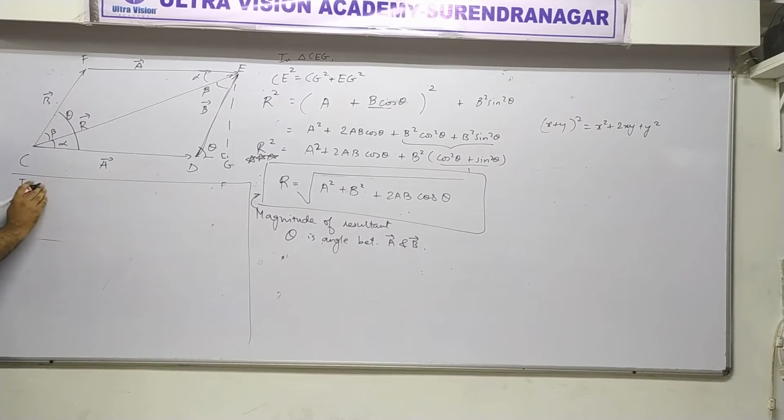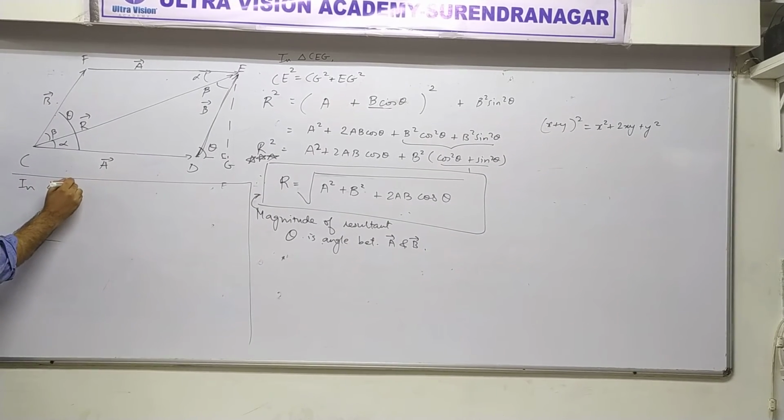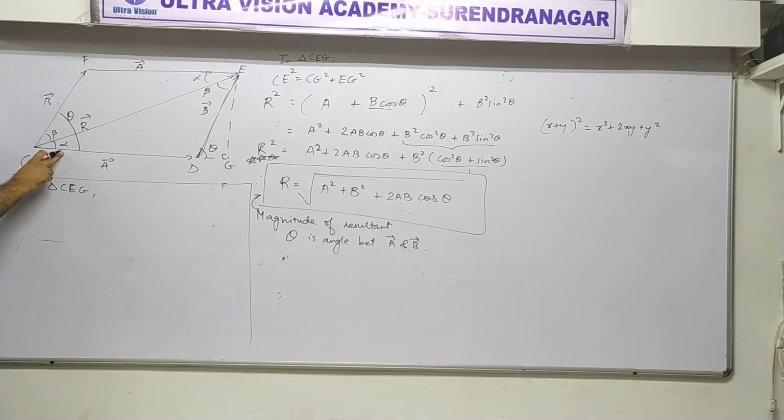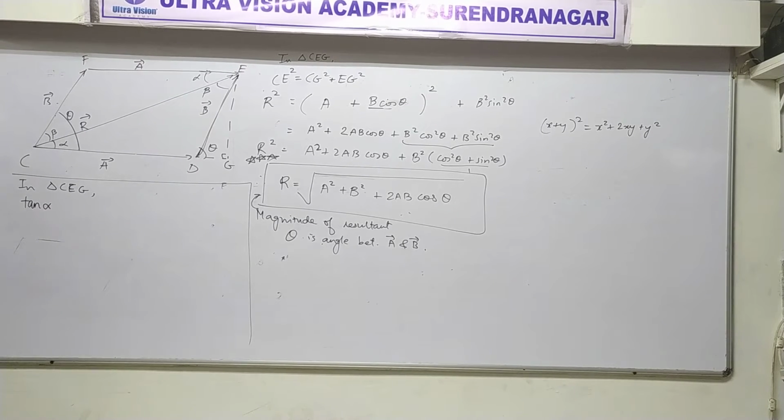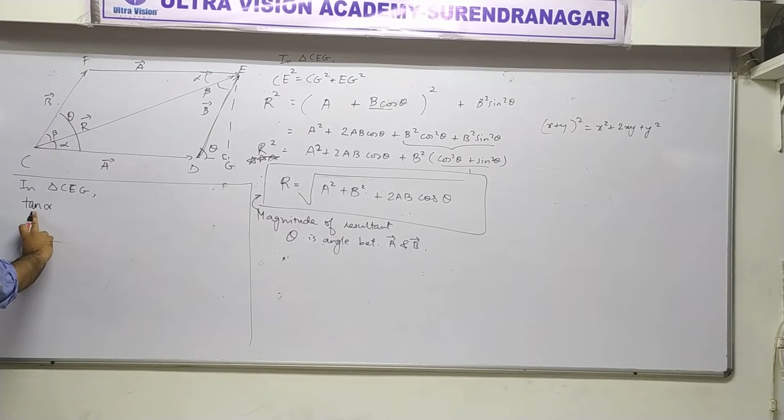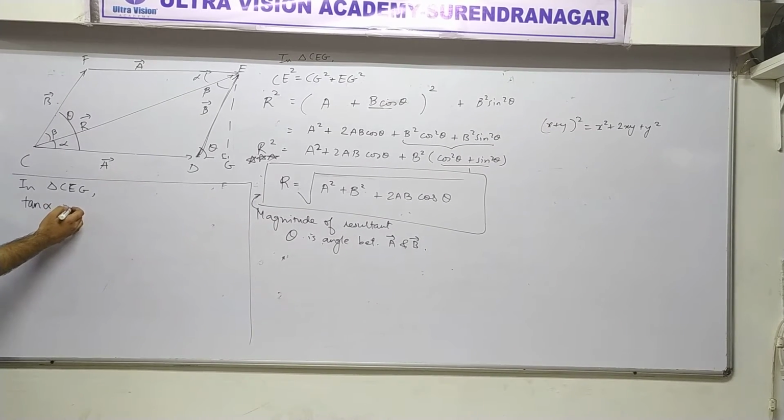So in CEG or CGE triangle I want to find alpha, so I will use tan alpha. Okay, so what will be tan alpha according to this triangle? Tan alpha means what? Tan means opposite over what? So what is the opposite of alpha? EG. Is that clear or not clear? Yes.